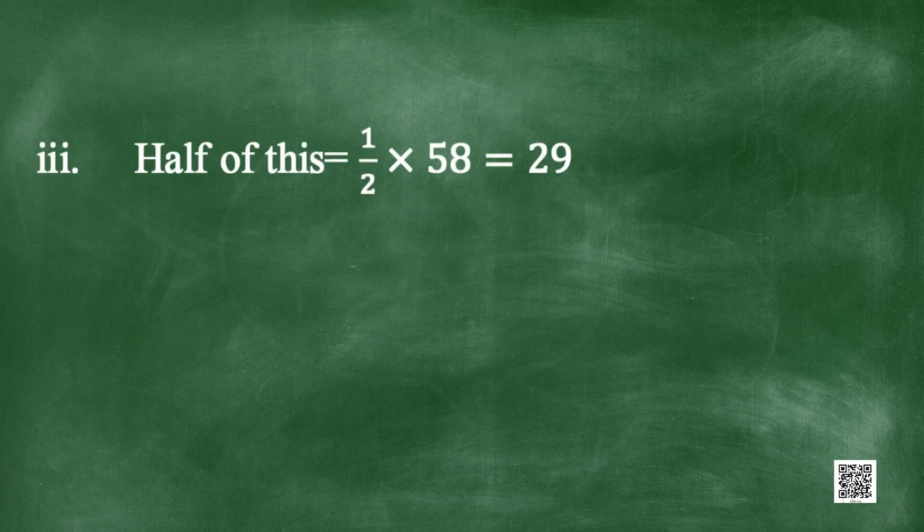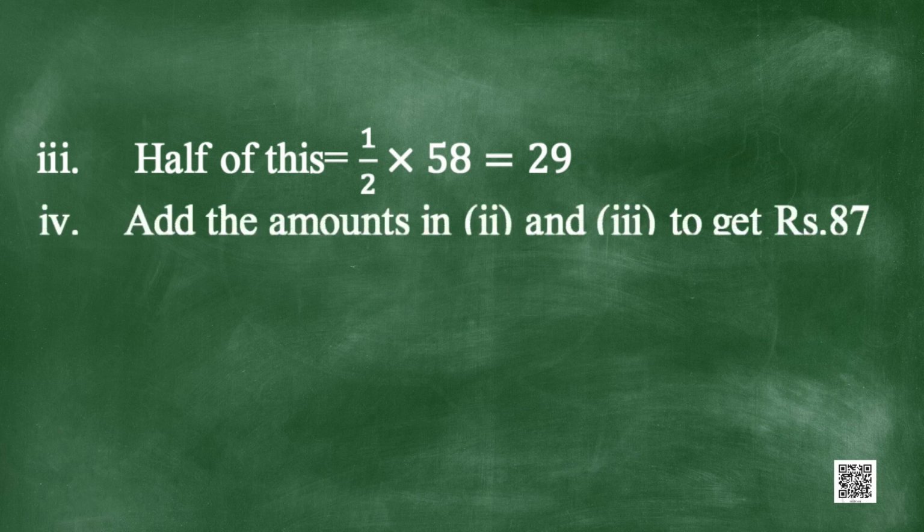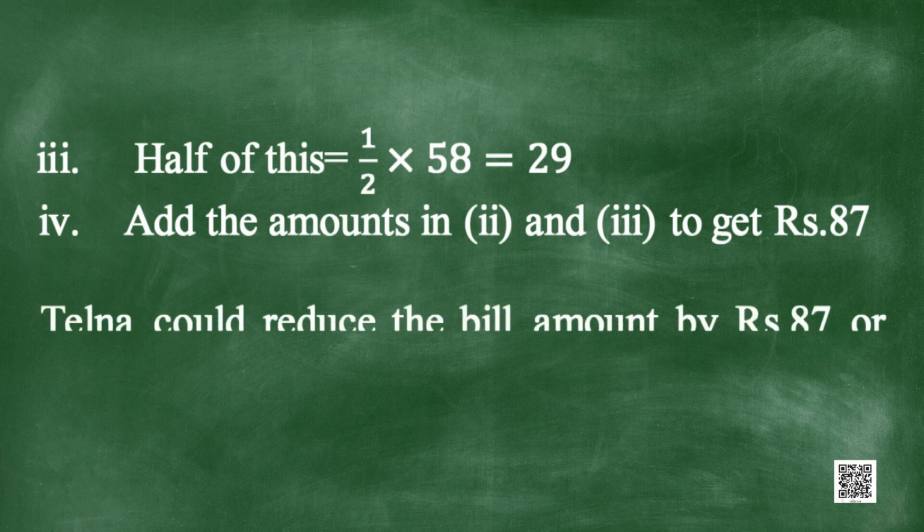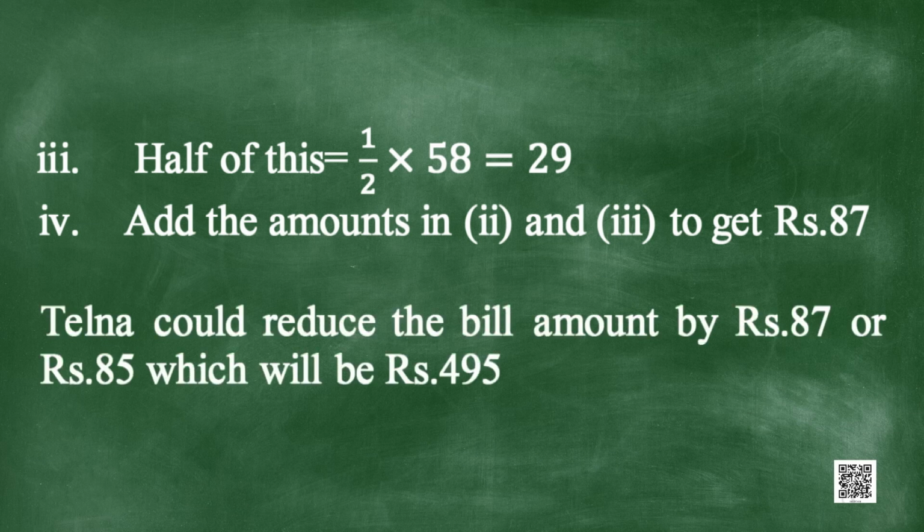For 15%, we need to have 5% more, which is half of rupees 58, that is equal to 29. Now, we add these two amounts. The 10% was rupees 58 and 5 more percent was rupees 29. So, that is equal to rupees 87. Therefore, Telna could reduce the bill amount by rupees 87 or rupees 85, which will be rupees 495.